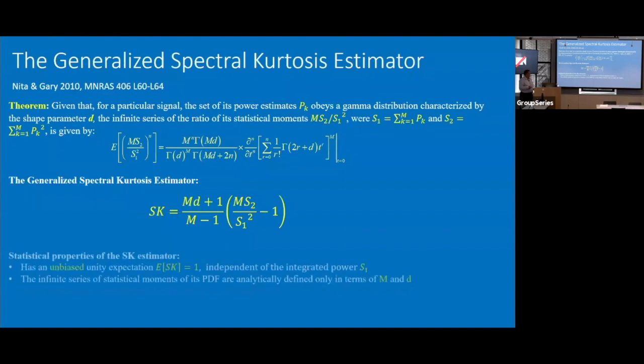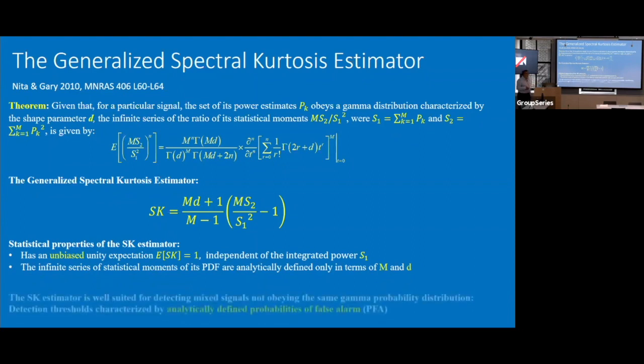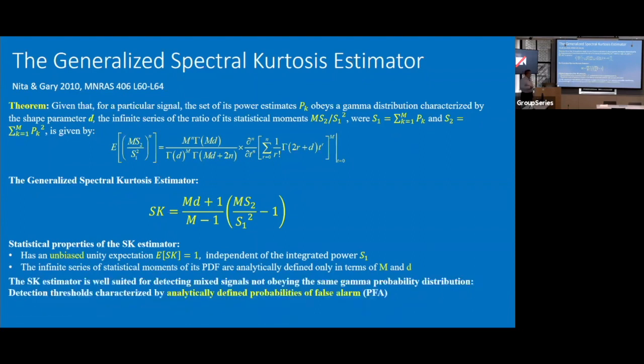Most importantly, you can compute thresholds and the probability of false alarm for those thresholds, because you now know the statistical distribution of the estimator itself. So instead of doing some kind of empirical thresholding, you can apply an analytically defined threshold.